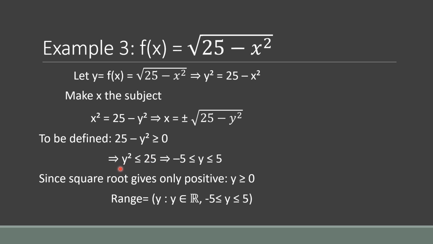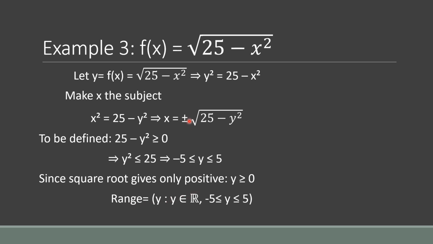So here we are going to get y squared being less than or equal to 25, and that will give us a parabola, and the only range that will give us a perfect answer is the range between negative 5 less than or equal to y less than or equal to 5. Since square root gives only positive answers, y is supposed to be greater than or equal to 0.